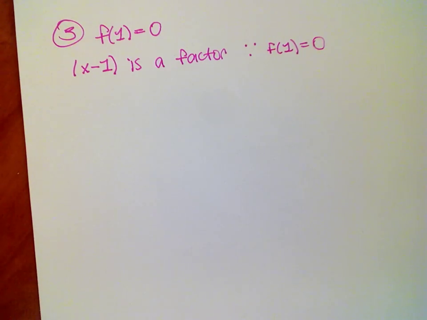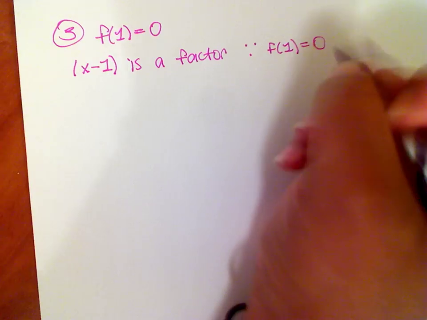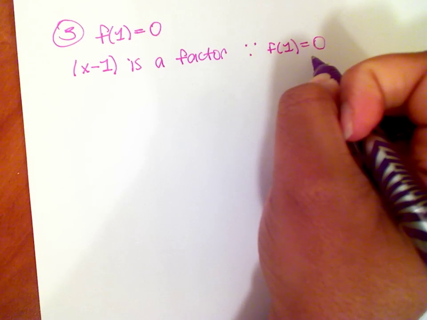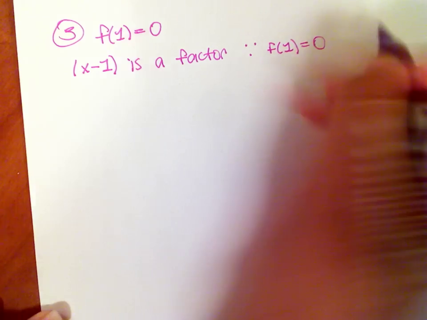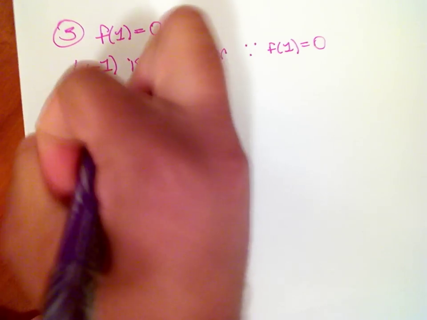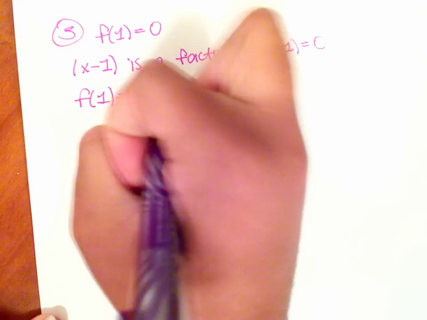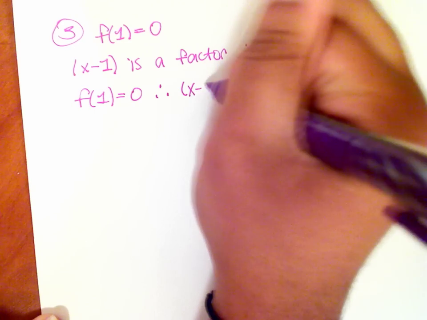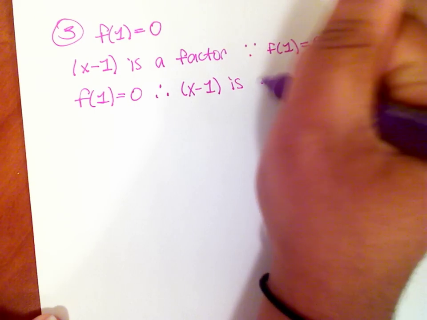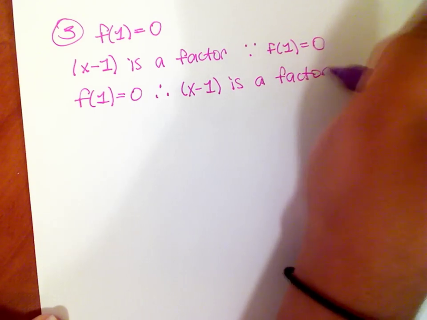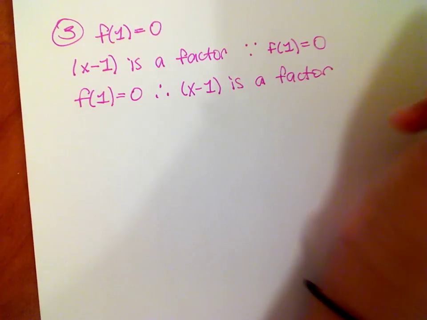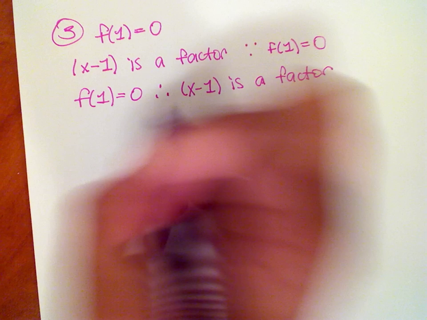And then you could write it another way. You could write f of 1 equals 0 first, therefore x minus 1 is a factor. Either way is perfectly fine. You don't have to write both. Just choose one and stick with it.